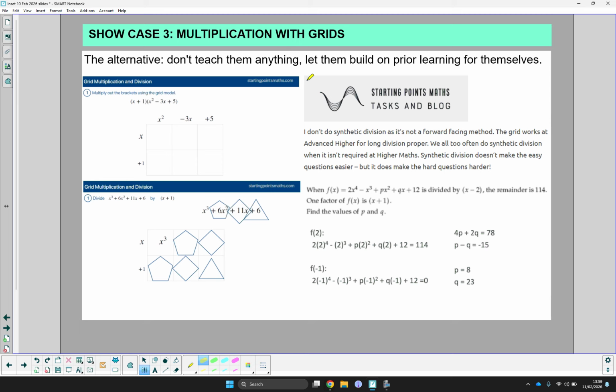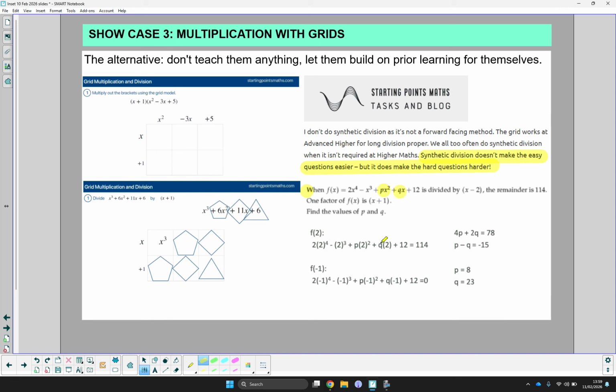This quote here from Chris McGrain's Starting Points website, I like this part of it here particularly. Synthetic division does not make the easy questions any easier, but it does make the harder questions harder. Like this question here, where they're having to find missing coefficients.